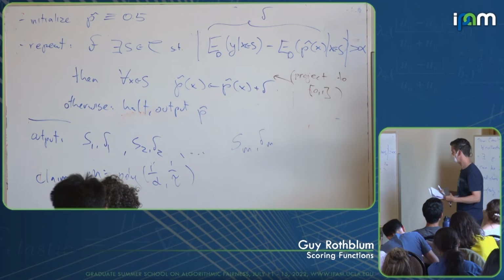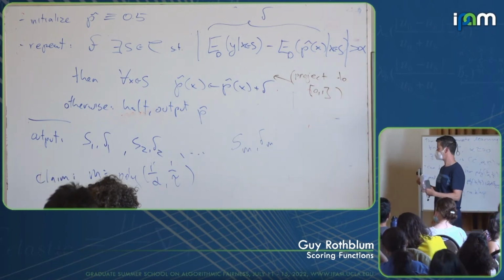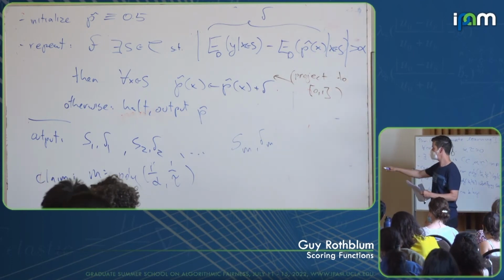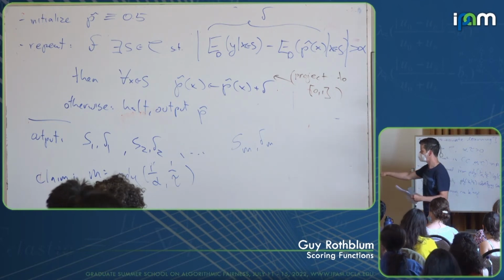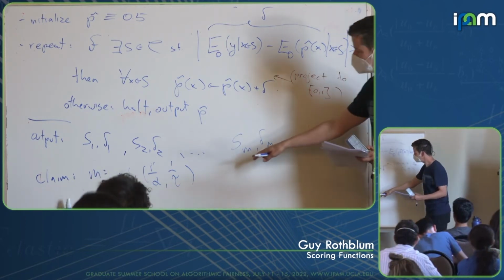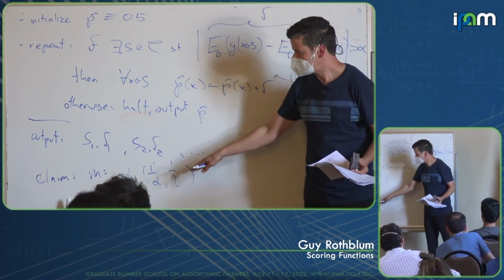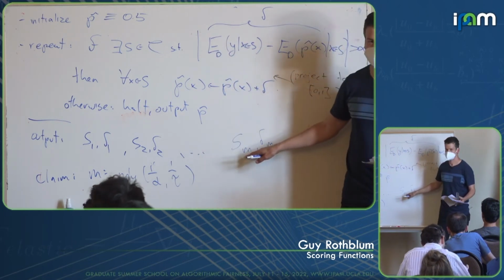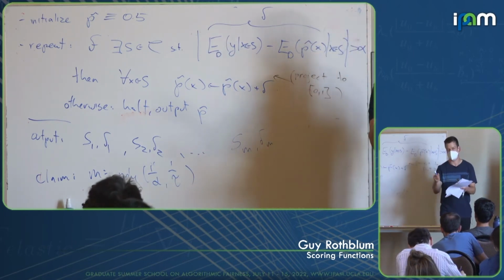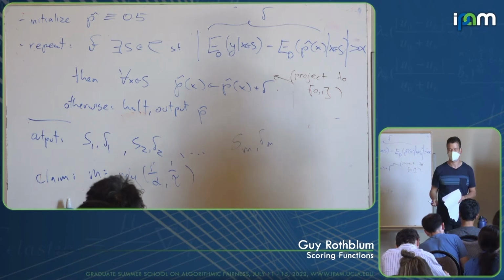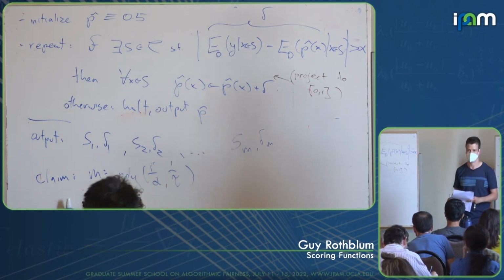So after a small number of iterations, the algorithm will stop, and our predictor is not so complicated, right? All it's doing is, essentially, if alpha and tau are constant, taking a constant number of sets, checking for membership in them, and then adding the nudges in order to come up with an output probability.